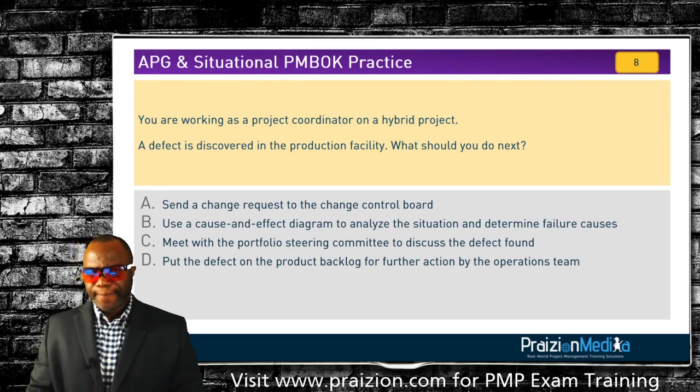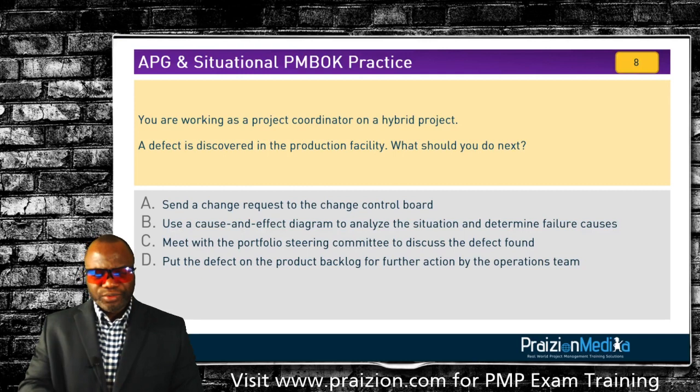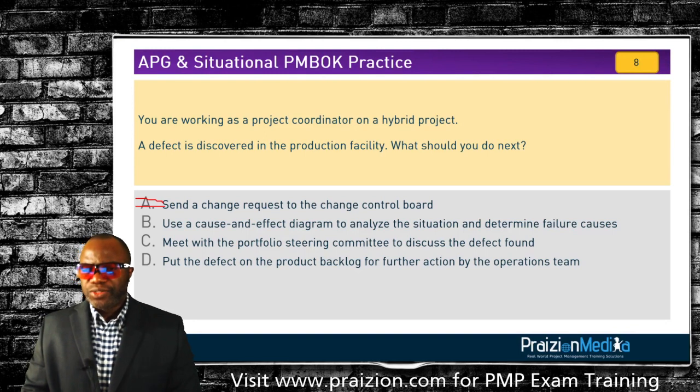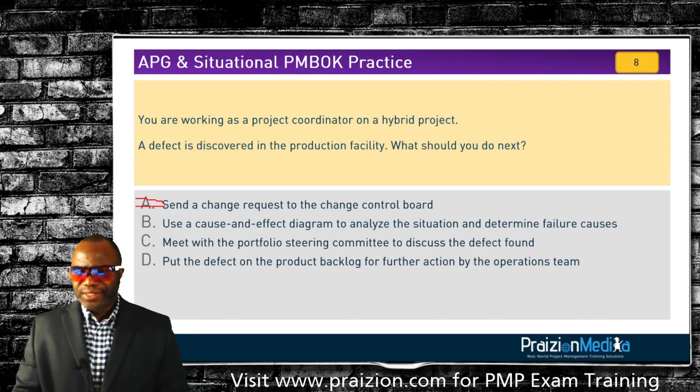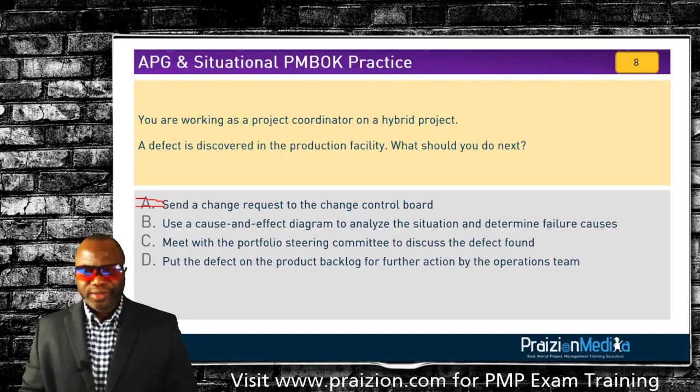All right, now as a student on the exam, you've got to use the process of elimination. Okay? So when you discover a defect, what should you do? Should you immediately send the change request? No. What are you sending a change request for? You don't even know. B, use a cause and effect diagram to analyze the situation and determine failure causes. Doesn't sound like a bad idea, but let's read the others.